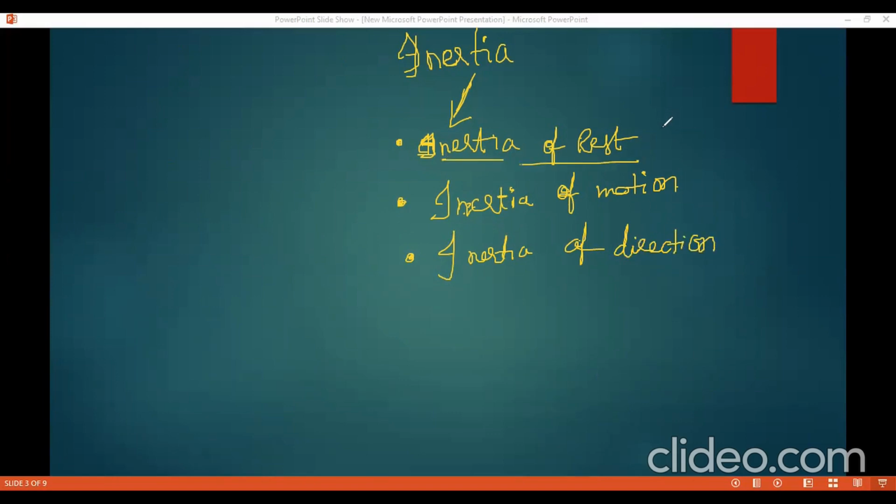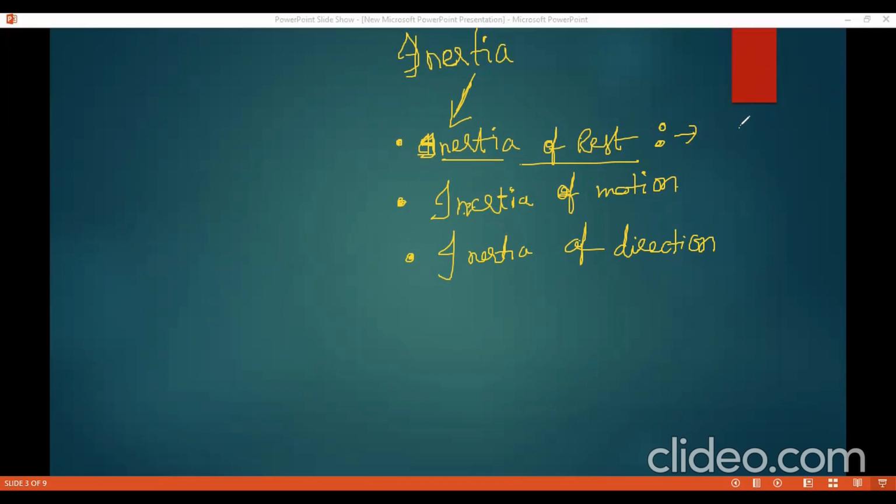What is inertia of rest? I think you can easily state the definition by yourself, right? Yes, very good. The inertia offered by a body to change its state of rest. Inertia means it won't allow it. It won't change its state of rest.